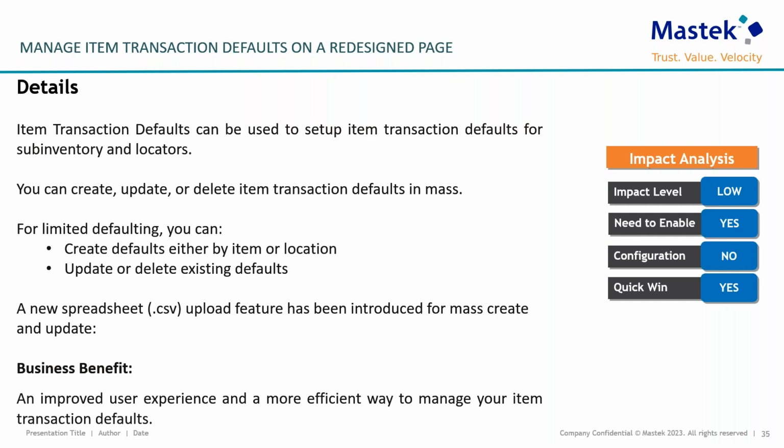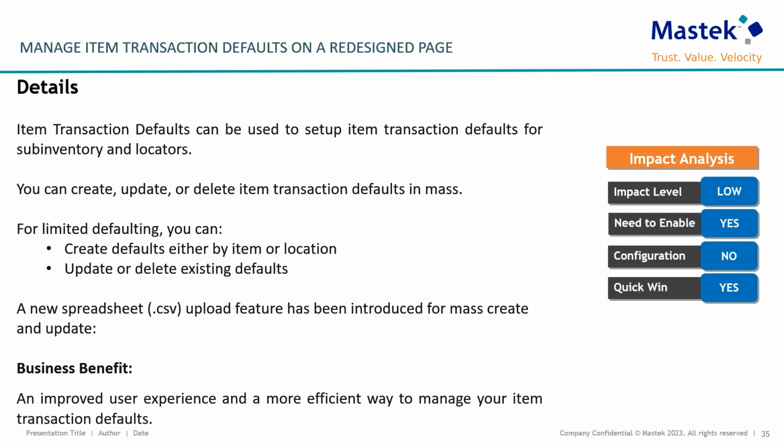Now we can create, update, and delete the item transaction defaults in mass. For limited defaulting, we can create a default entry by item or location, or we can update or delete existing defaults.